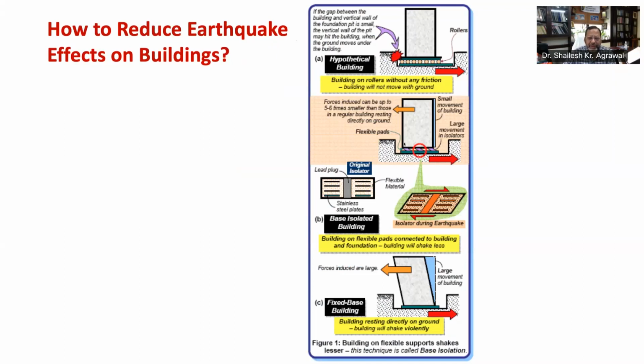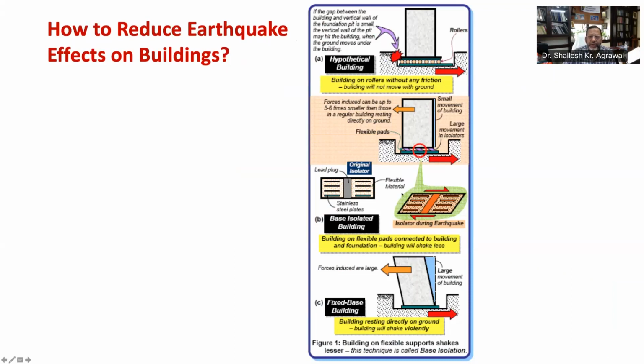If the flexible pads are properly chosen, the forces induced by the ground shaking can be few times smaller than the experience by the building directly on the ground. Such fixed base building is shown in 1C. Therefore, base isolated buildings experience less forces than the buildings which are directly attached to the ground.